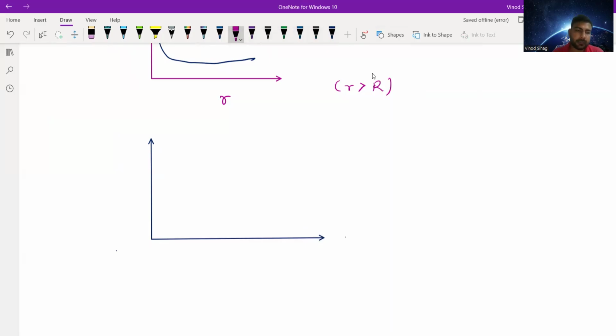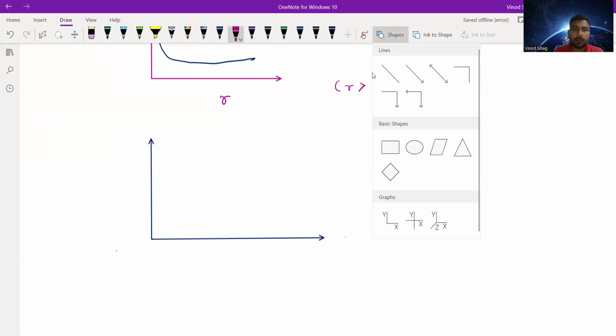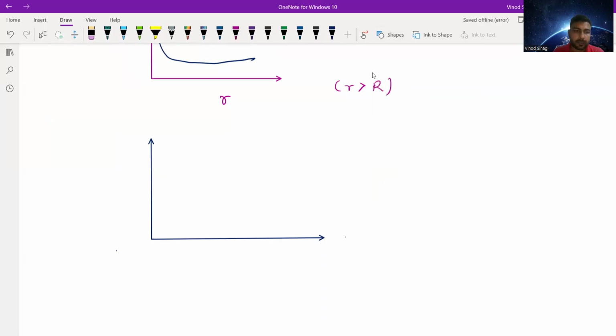since we know that for the inner, when the radius of the Gaussian sphere is less than R, it will be a straight line. So the graph will be a straight line for the initial values.